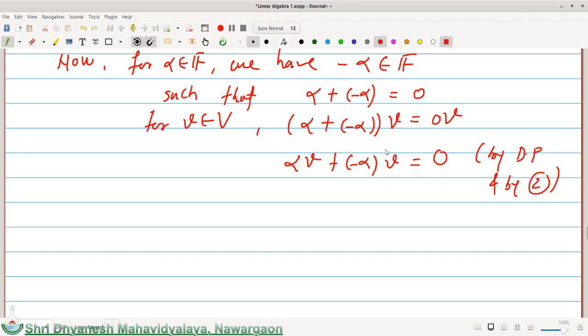That means this quantity, minus alpha into v, is the negative of alpha into v, or you can say minus alpha into v is the additive inverse of alpha into v, because their sum is equal to the identity.